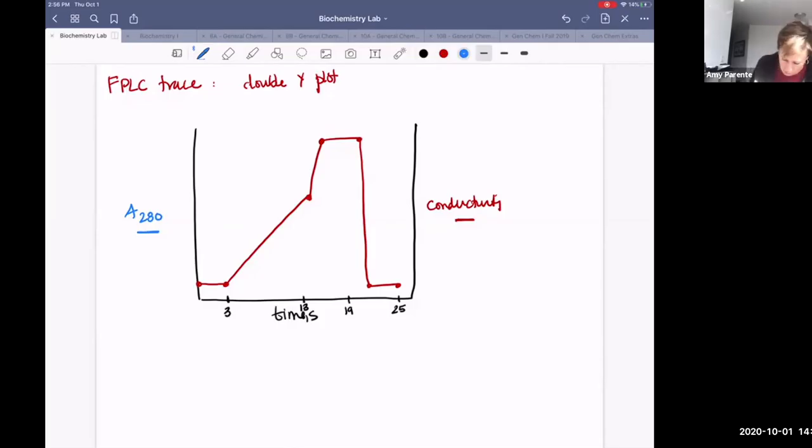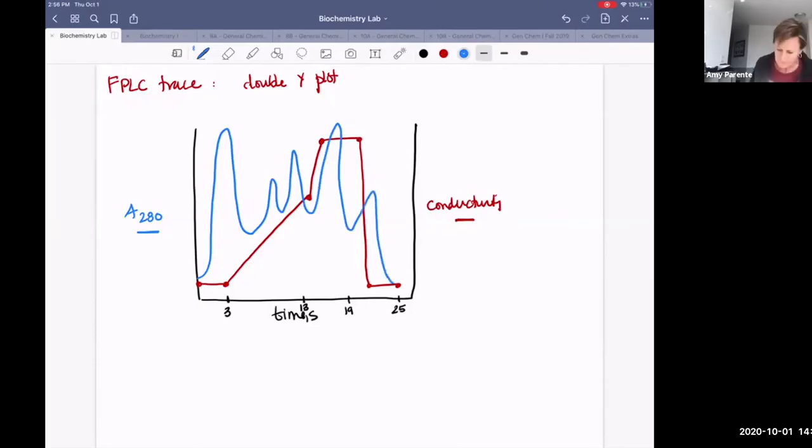So what I might end up seeing here with my absorbance at 280 is something that looks like this. I might see 5 peaks here. And if I label these A, B, C, D, and E, I want to ask some questions about these.